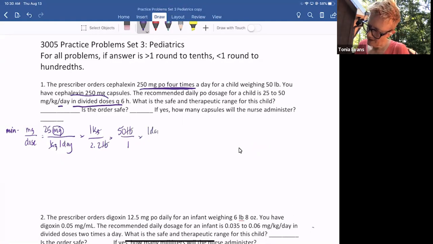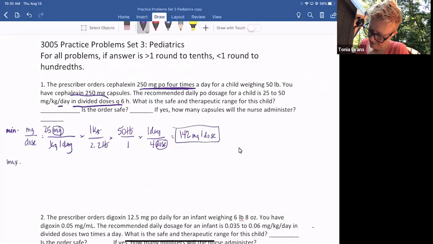I know that 1 day is 4 doses. That gave us dose. Day canceled out. All right, we can do the math. 25 times 50 divided by 2.2 divided by 4 equals 142.05. We're going to round to the tenths, so we're just going to be at 142 milligrams per dose.